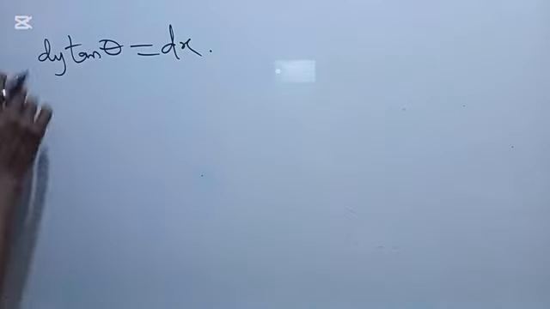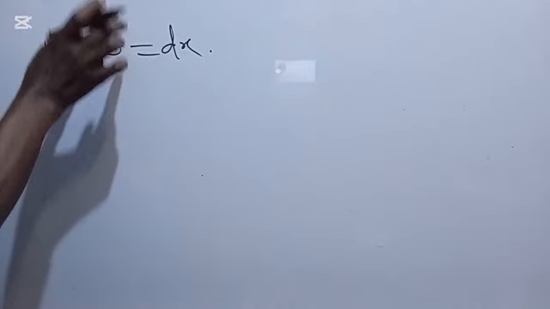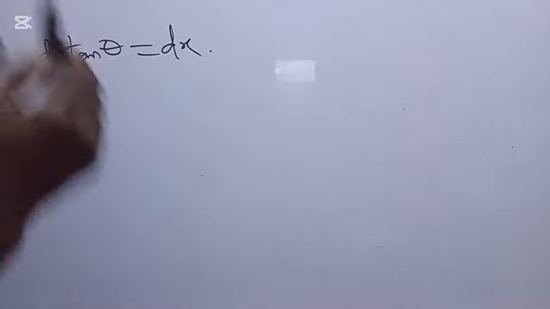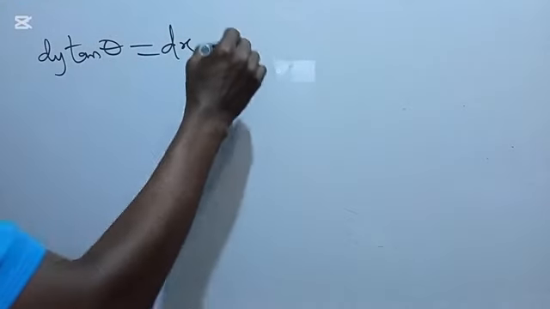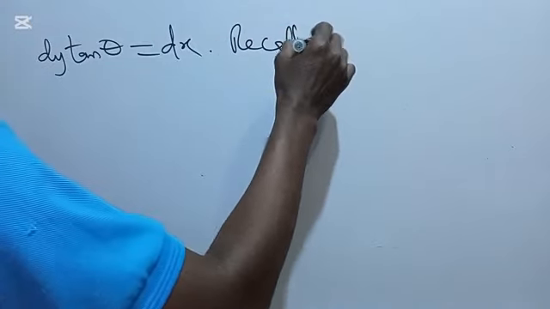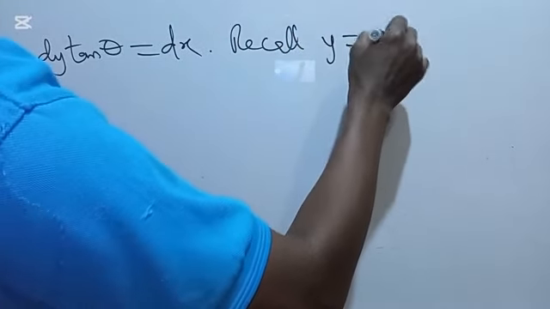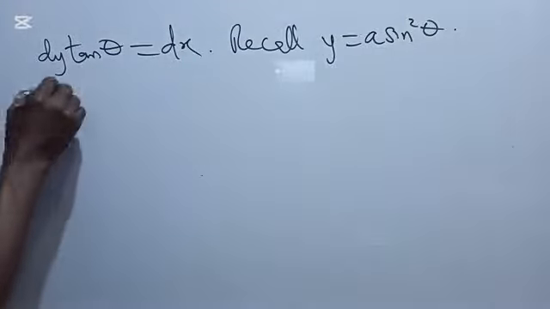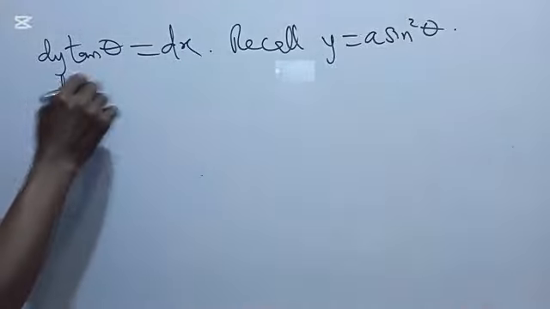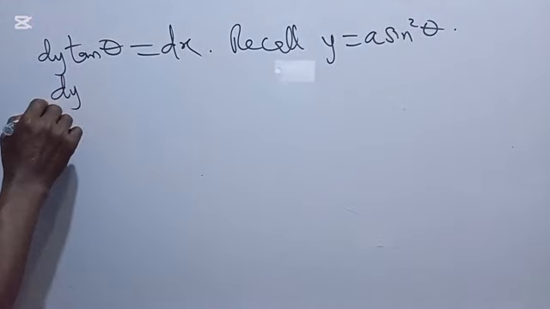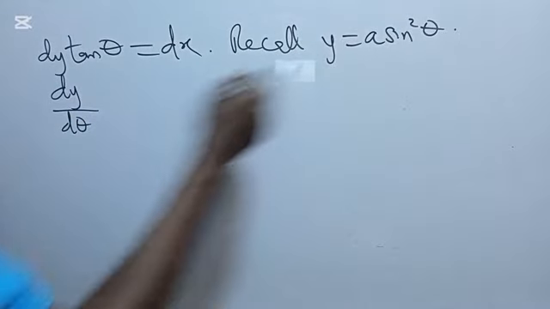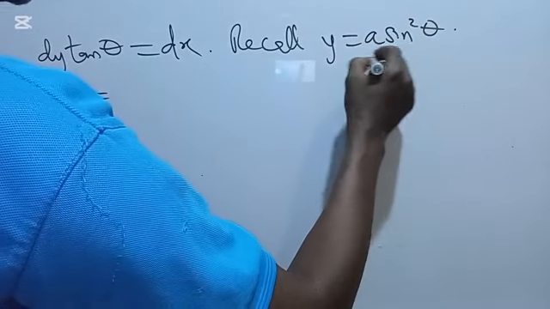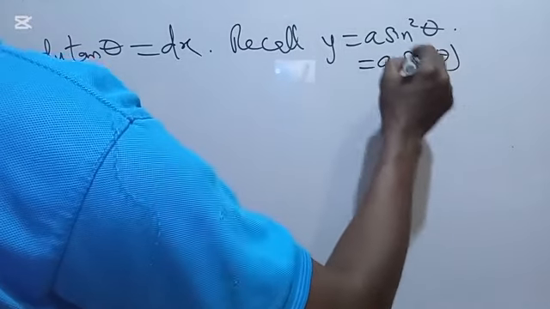Now, recall we have gotten this; the square root has given us tan theta. So recall, we said y equals a sine squared theta. Remember that? So now dy d theta, sorry about that, is like a function of a function, so a (sine theta) all squared.